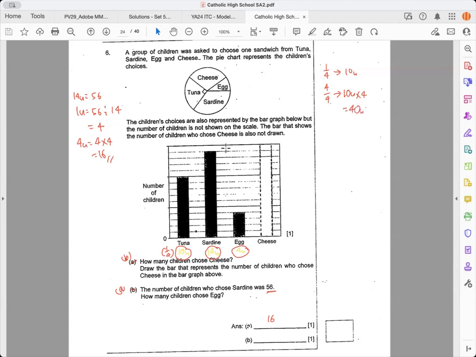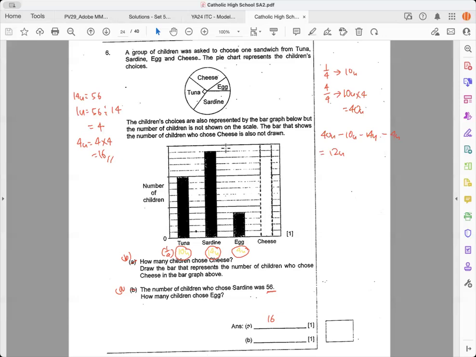So cheese will be 40 units, which is everything here, minus away the tuna, which is 10 units, minus away the sardine, which is 14 units, minus away the egg, which is 4 units. You're left with 12 units. So 12 units is cheese.